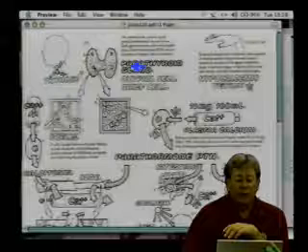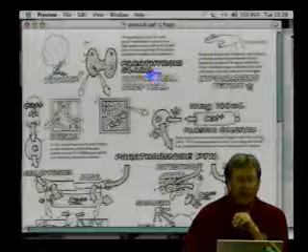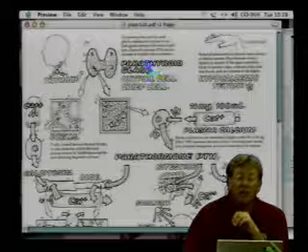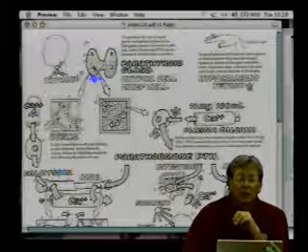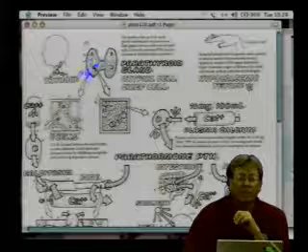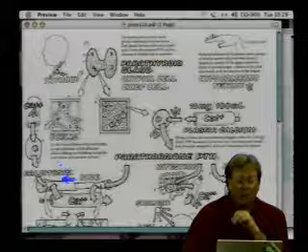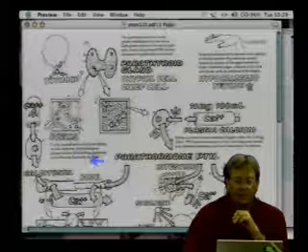The cells that produce parathyroid hormone are, in fact, from the parathyroid gland. They are the chief cells. The cells that produce calcitonin are called C cells, embedded in amongst the follicular cells of the thyroid. So speckled throughout the thyroid gland are these calcitonin-producing cells.